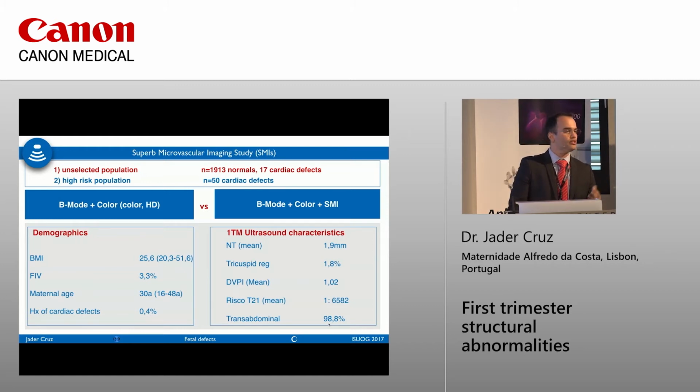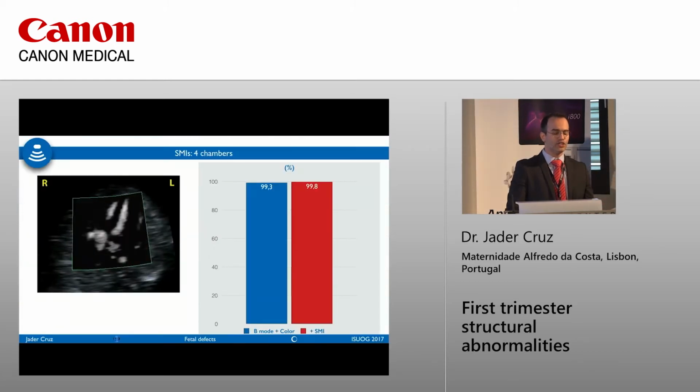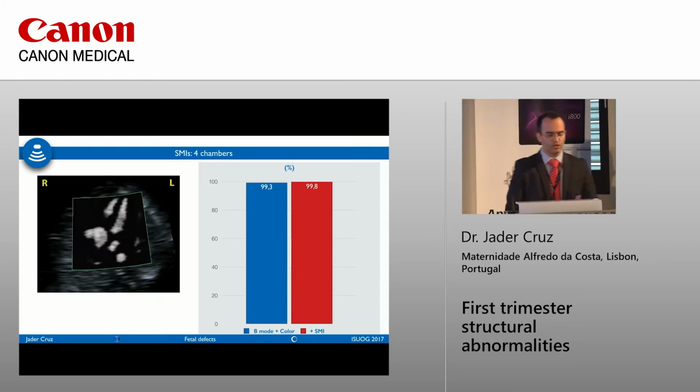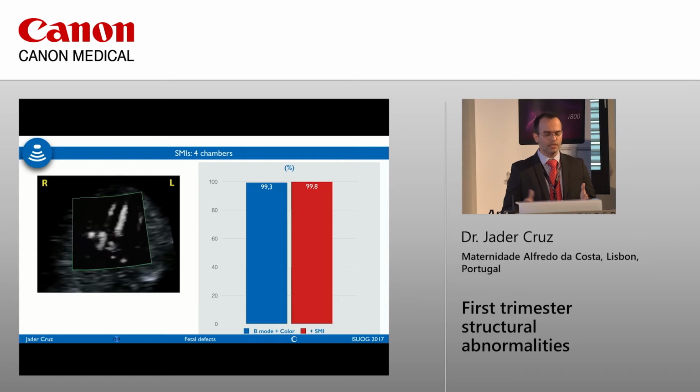And what we do is just compare what we do nowadays, B mode plus color, high definition color, versus B mode plus color plus SMI, to see how much SMI can help you to see the heart. This is the kind of image that you have when you're using SMI. We'll try to show you a little bit. These are all patients between 11 to 13 weeks.